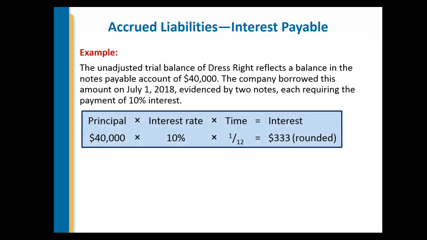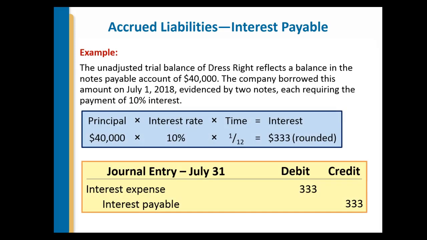Whenever the trial balance reveals interest-bearing debt, the interest is often not paid on the last day of the period. If it's not, then we need to make an adjusting entry for the amount of interest that has built up since the last payment date, or the last date interest was accrued. Interest rates usually are stated as an annual rate. The trial balance has a balance in the notes payable account of $40,000.